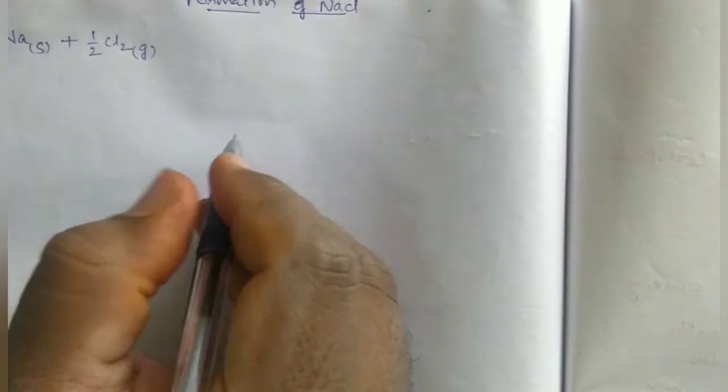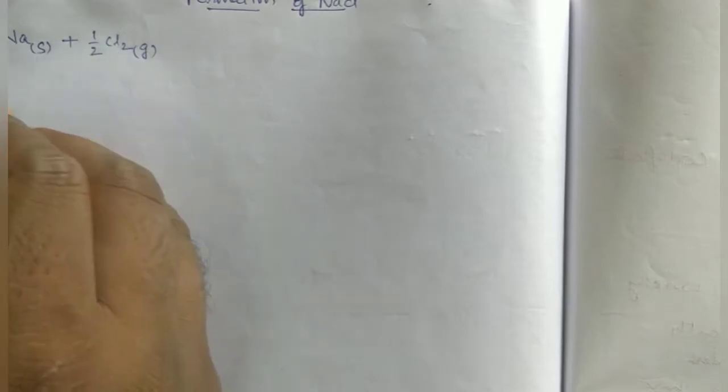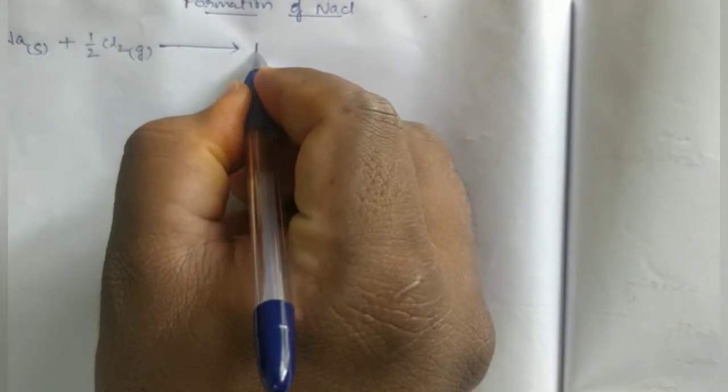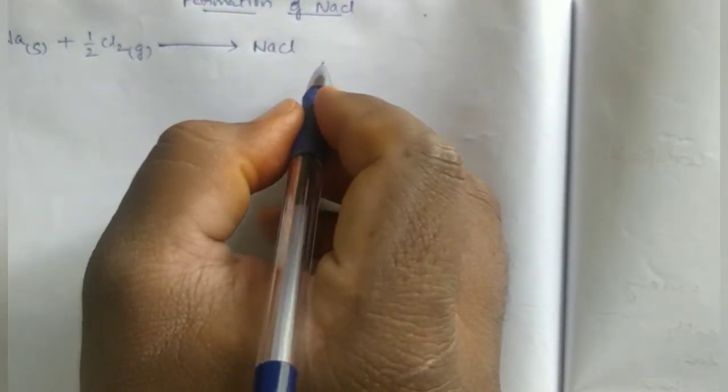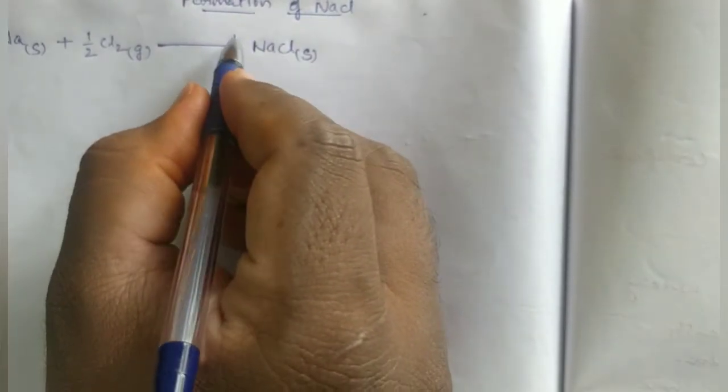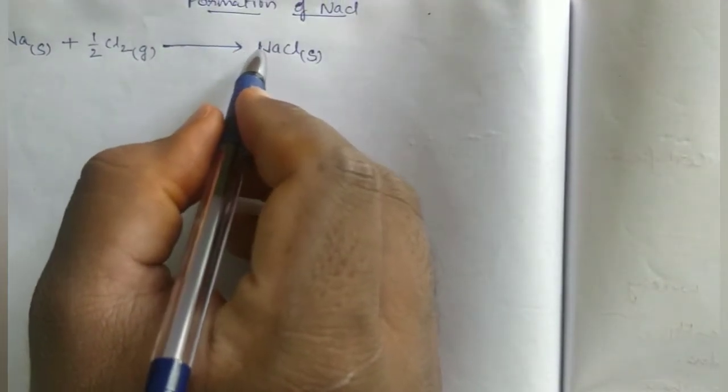Sodium is taken in its standard state, solid, and undergoes reaction with half mole of chlorine in its standard state, gas state. Sodium solid plus half mole of chlorine gas, both in standard states, react to form 1 mole of NaCl in solid state. This is also in standard state, and it is formed as 1 mole. All are in standard states and 1 mole of compound is formed.